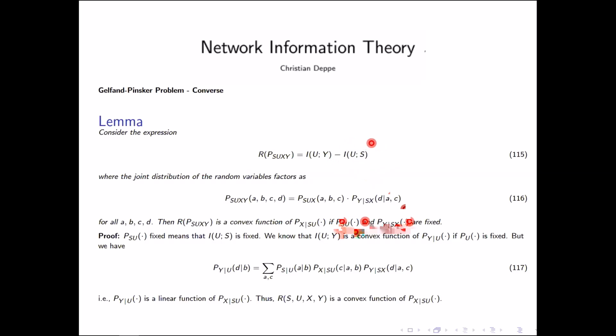But we know that if we have just one mutual information, it is already a convex function of P_YU and P_U. With this property, we can show that this rate is also convex.